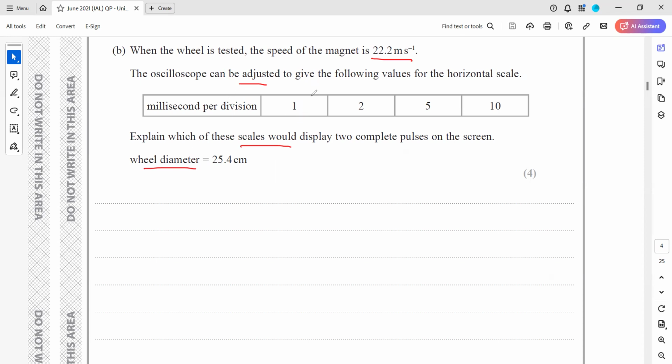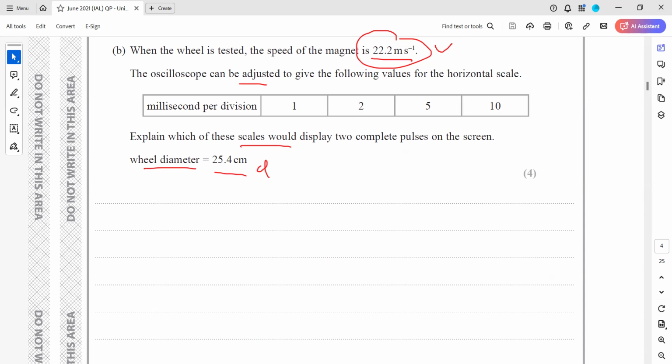So speed V is given, and diameter D is given. We can work out the time period, and then identify which scale is suitable.